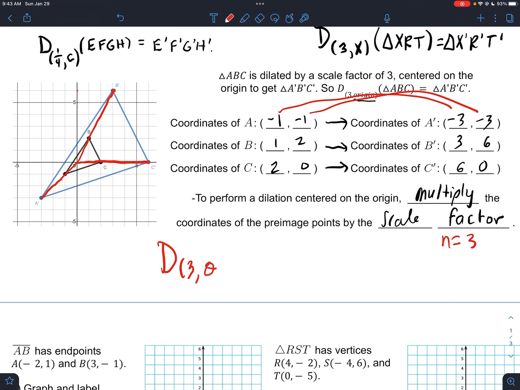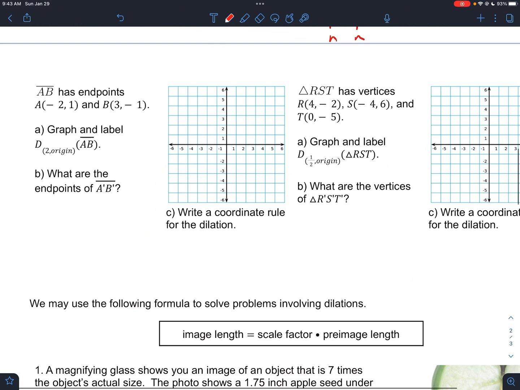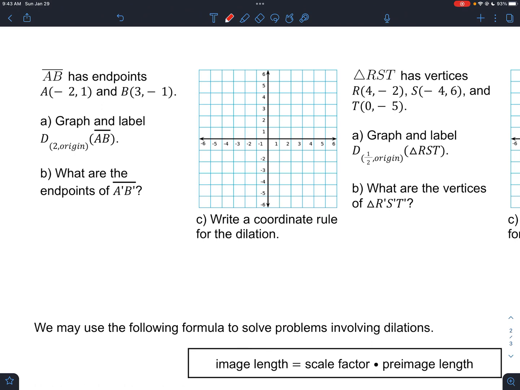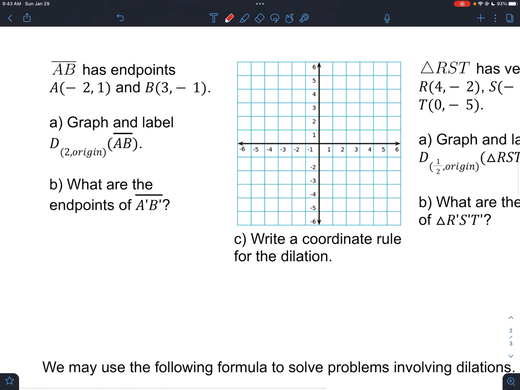Of any point x, y, it's just the scale factor, which is normally n. In this case, it's 3. So no matter what n is, you just do n times x, n times y. So let's take a quick look here. Let's see. We got -2, 1, and 3, -1.